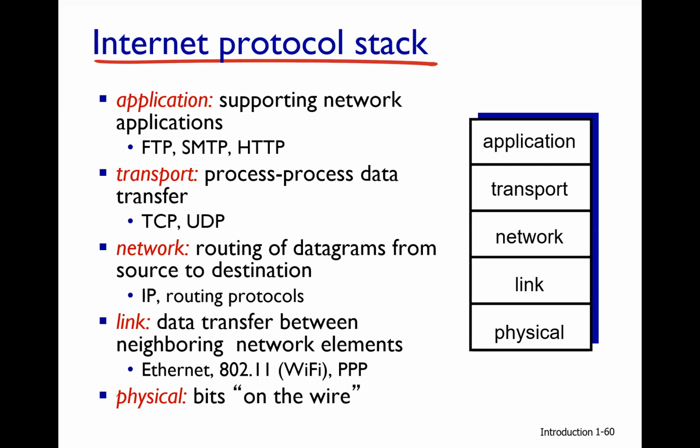Another important feature of our layer structure on the internet is that although we show this as a stack, each layer of the protocols is actually implemented in a distributed fashion. When it comes to applications, you might have the same protocol running on multiple end systems.